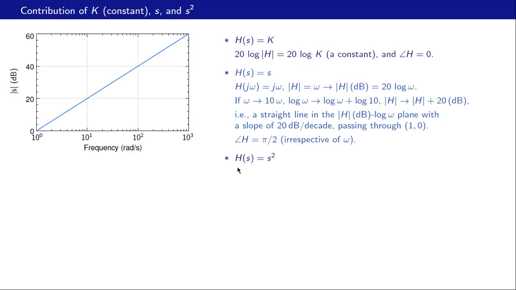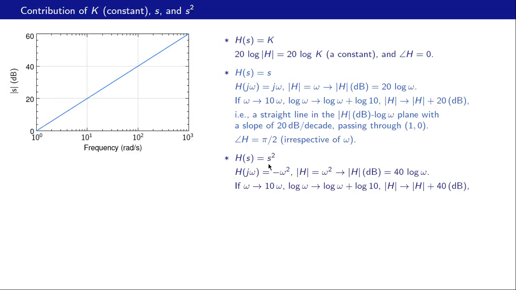Alright, let's now consider h of s equal to s squared, or h of j omega equal to j omega squared, which is minus omega squared. And the magnitude then is omega squared, and h in dB is 40 log omega. 20 log of omega squared, so that turns out to be 40 log omega.